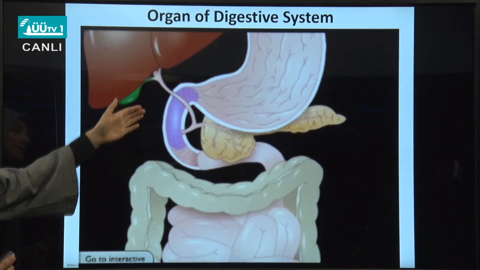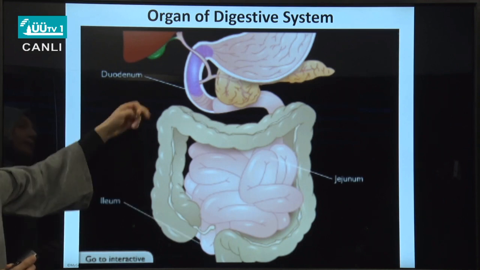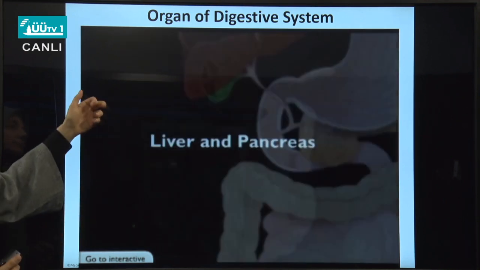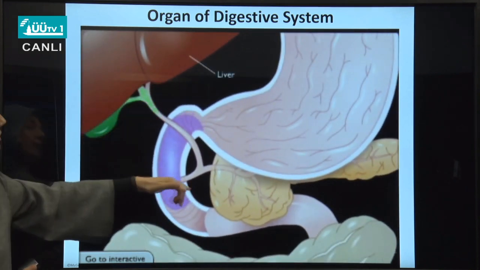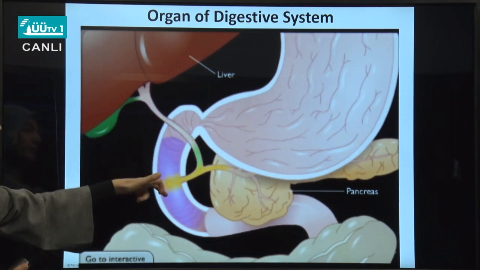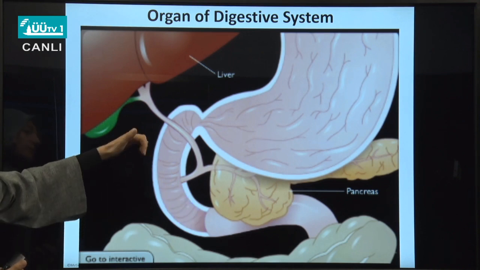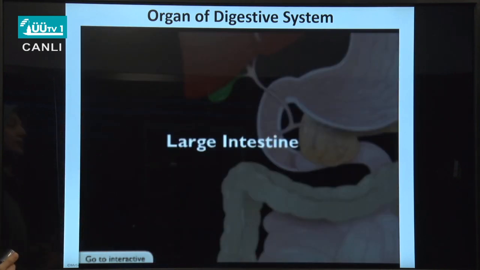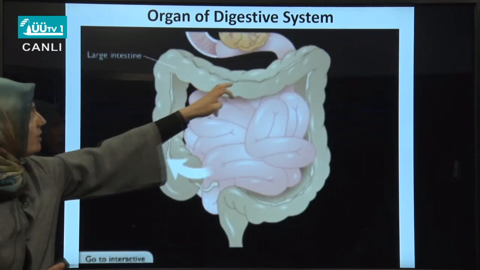The small intestine is the place where most of the absorption occurs. And then the liver and the pancreas secrete their secretions into the small intestine to help the digestion. The digested food is absorbed, and the remaining food enters the large intestine.